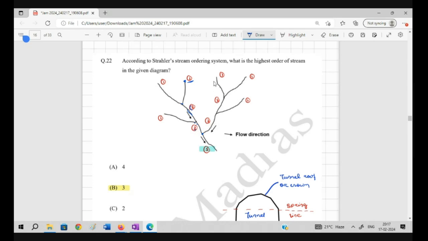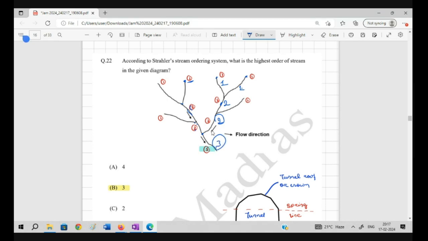Suppose here you can see two streams originate, so there will be first order streams, and when two first order streams meet with each other, they generate a second order stream, this one. But you can see when this second order stream meets a first order stream, the stream order remains unchanged, that is, it will be the same second order stream. But when two second order streams meet with each other, they create the next order, the third order stream.